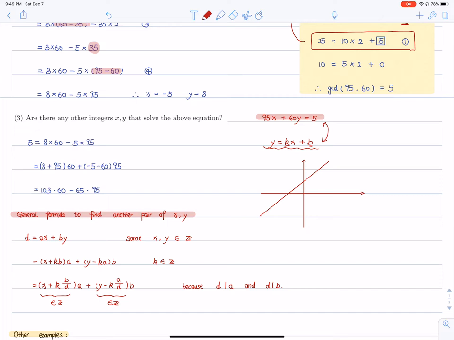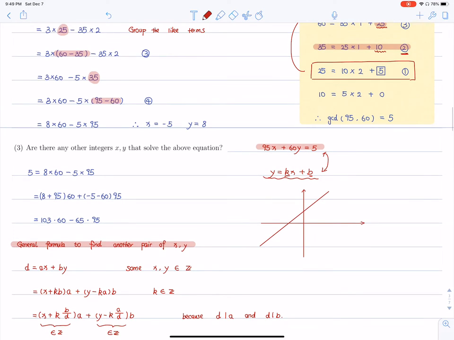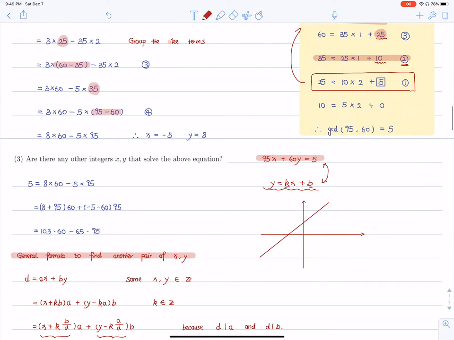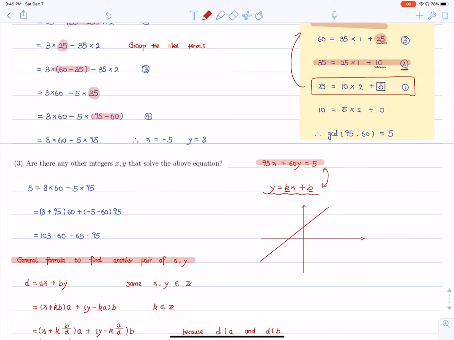How many integer x and y does it have? This would have infinitely many x and y, which means we have infinitely many pairs of x and y to solve this equation.